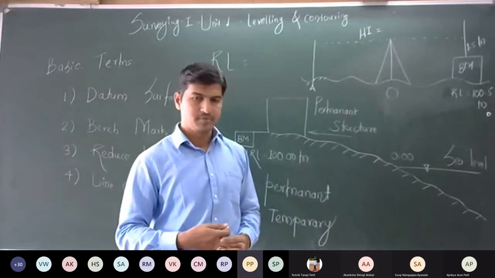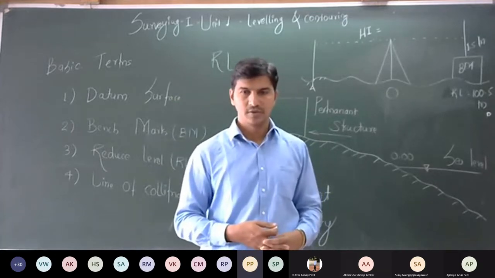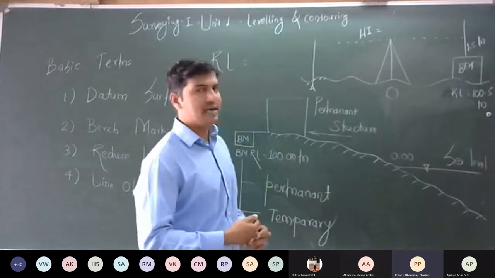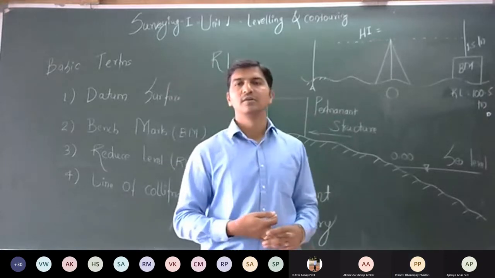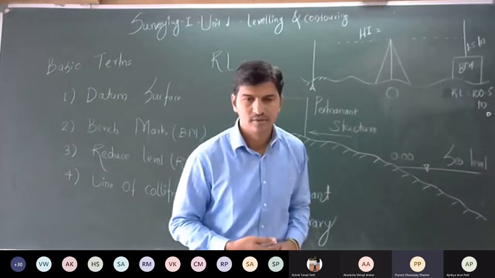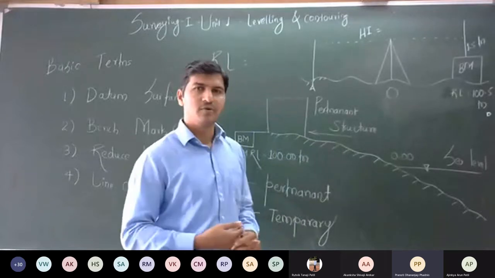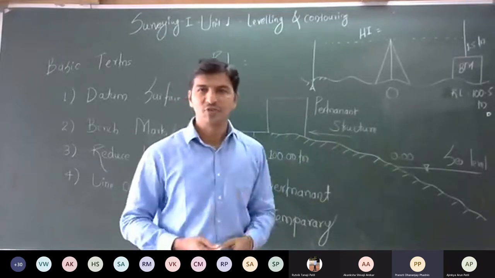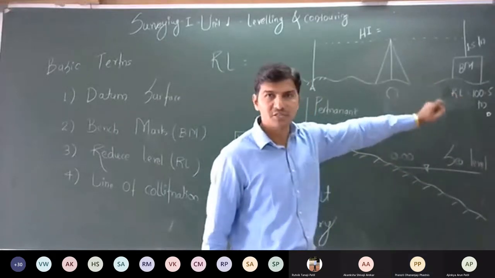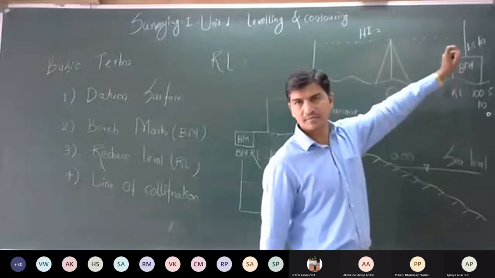Second year? Yes? Sir, the height of instrument is the RL of the line of collimation. How to find this? By adding the benchmark RL and the reading. Very good. Height of instrument can be found by taking the summation of benchmark RL plus the first reading on the benchmark.